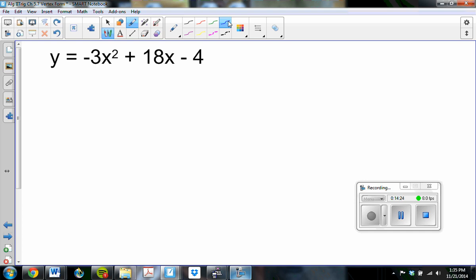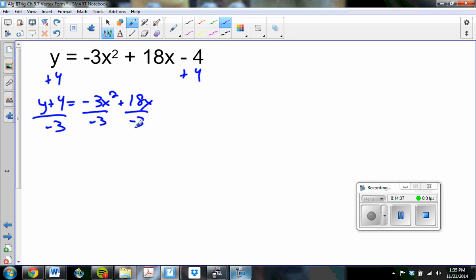The first thing I'm going to do is add a 4 to both sides. And that gives me that y plus 4 equals negative 3x squared plus 18x. Divide everything by negative 3, everything. So I'm just going to leave this (y plus 4) over negative 3 equals x squared minus 6x. Well, my b value is negative 6.